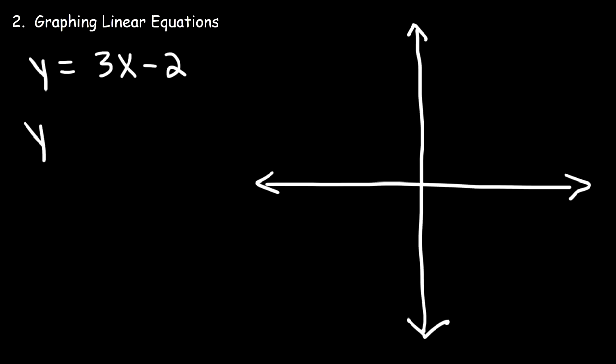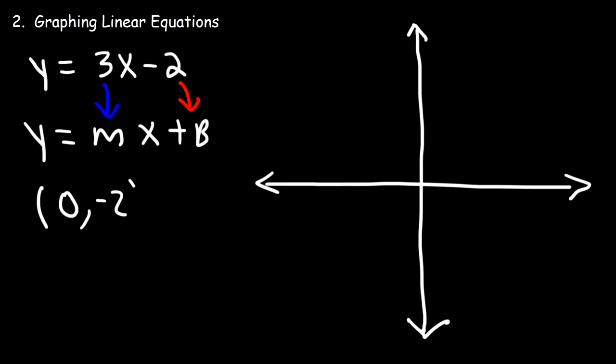That is, it's in y equals mx plus b form. m is the slope, which is 3, and b is the y-intercept, which is -2. So a y-intercept of -2 corresponds to the point 0, -2. It's basically where the graph touches the y-axis. So the x-axis is horizontal, the y-axis is vertical.